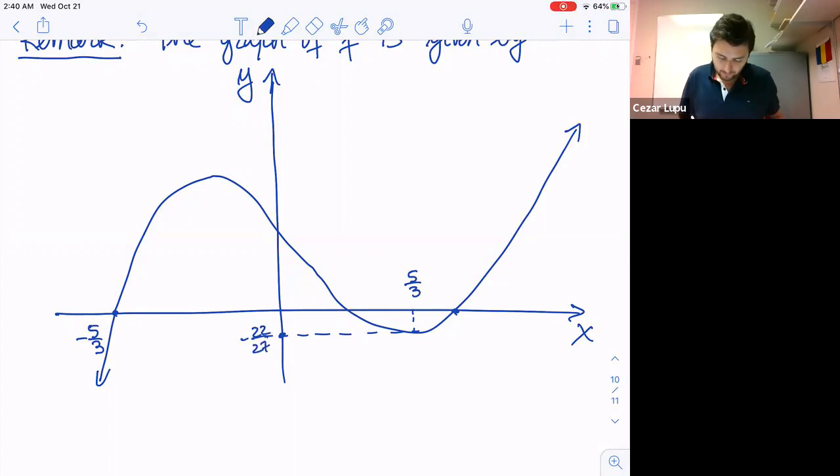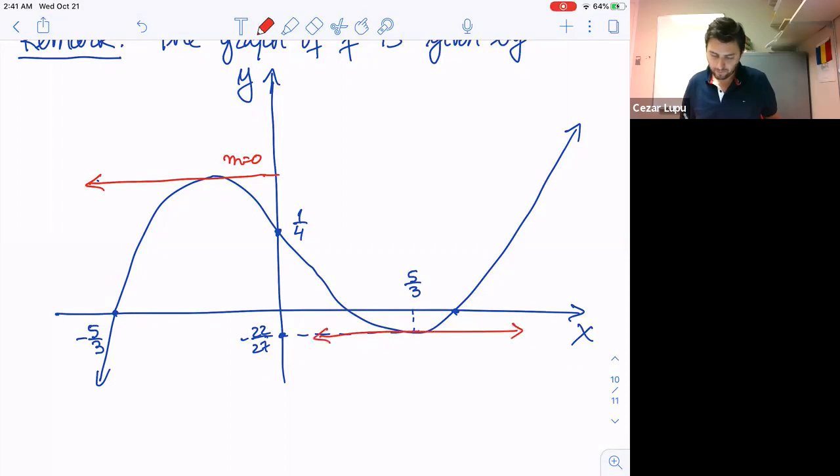Here we have the tangent line of slope 0, and the same happens here, of slope 0.